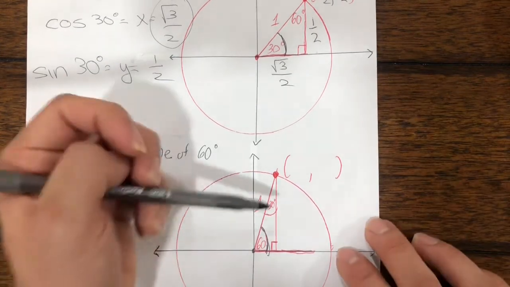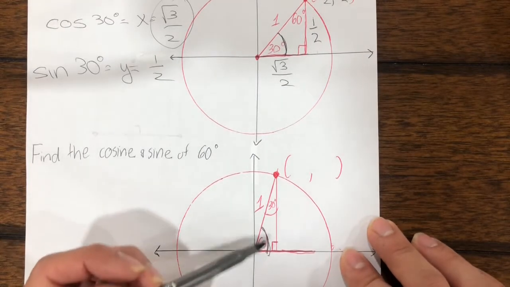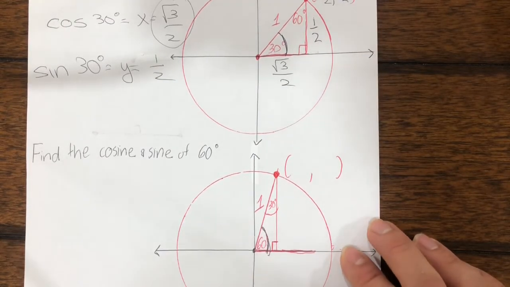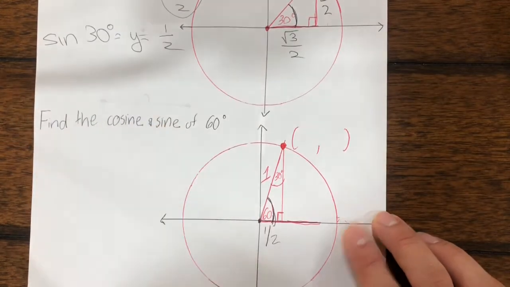And if we take a look between these two sides, this one is away from 30 degrees. So then this side represents the half.